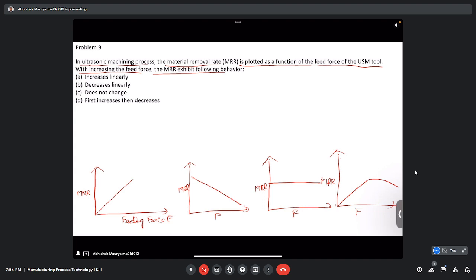At the same time I will also write the equation of the model: MRR is proportional to d times f to the power 3 by 4.